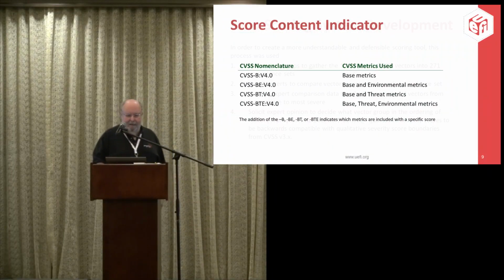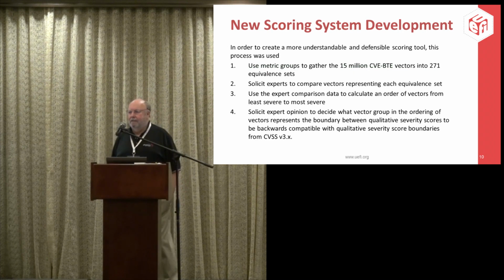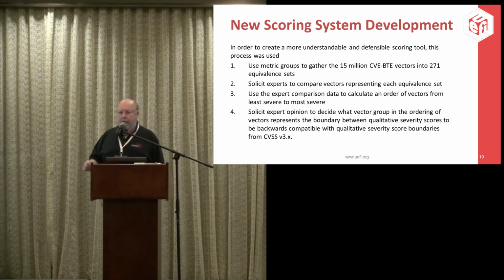Okay, I want to talk a little about that, but this is a little esoteric and you probably don't care, but I found it very interesting how we came up with the scoring system. In CVSS 3.x, in order to come up with the score, you select all the options that indicate the different levels of severity, and it pops up with a numeric score.